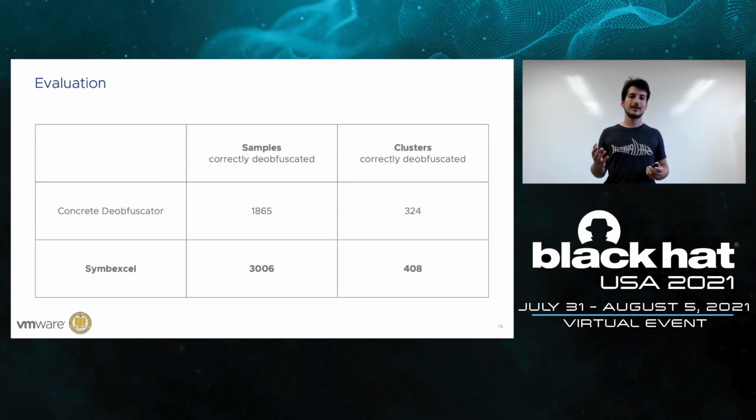What you can see in this table is the number of samples that can be correctly deobfuscated using a concrete approach or a symbolic approach. You can see how using a concrete deobfuscator, we can only deobfuscate correctly a little more than 1,800 samples or 320 clusters. While using SymbExcel, we are able to deobfuscate correctly more than 3,000 samples and more than 400 clusters.